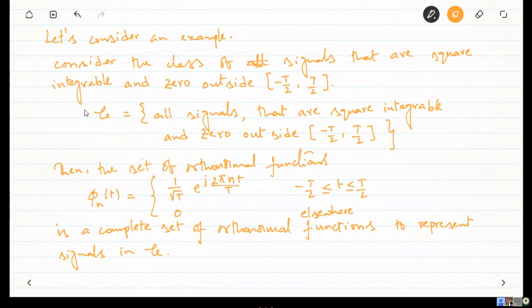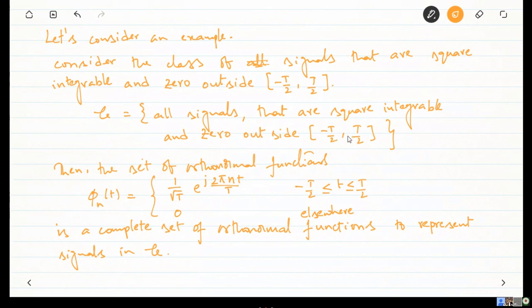You take any signal in this class. This set C may contain S1 of t, S2 of t, S3 of t, some X of t, Y of t, Z of t, whatever. So all those signals are square integrable and they are 0 outside this interval.